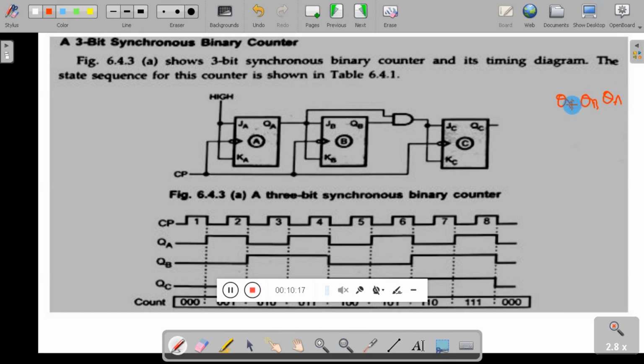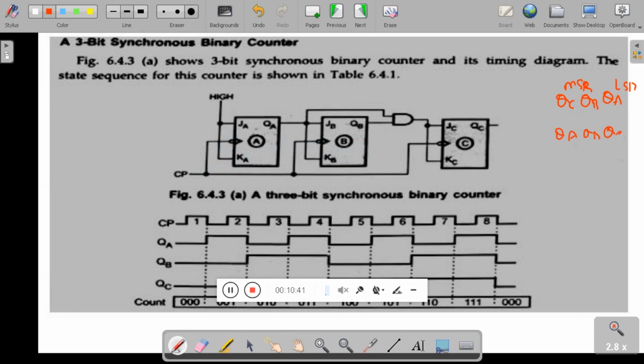The output of QA will change first. QA is LSB here, QC is MSB. But when you see this diagram, it looks the other way. So please don't write the truth table as QA, QB, QC.